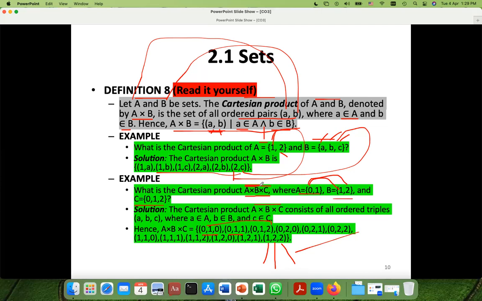If you do A cross B first and B cross C, then you will get pairs, not triples. You will get pairs with two elements. That would be wrong.